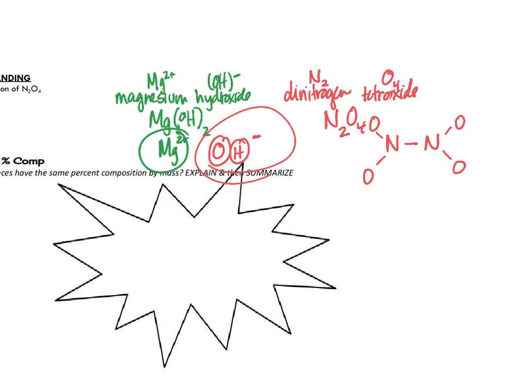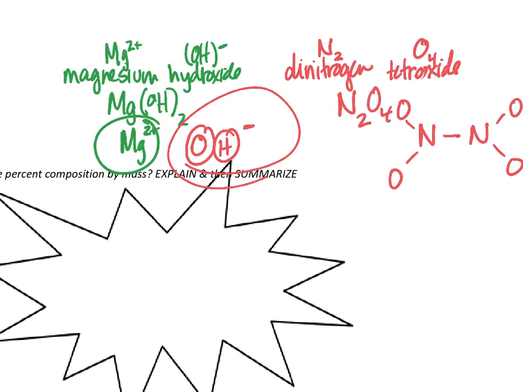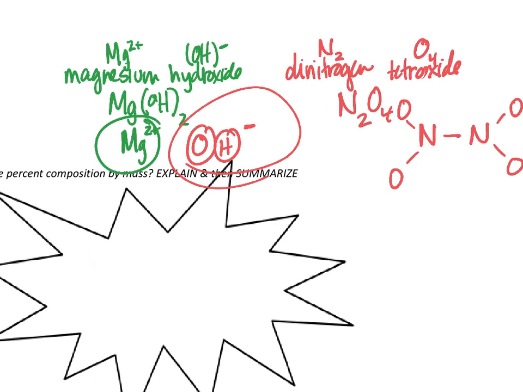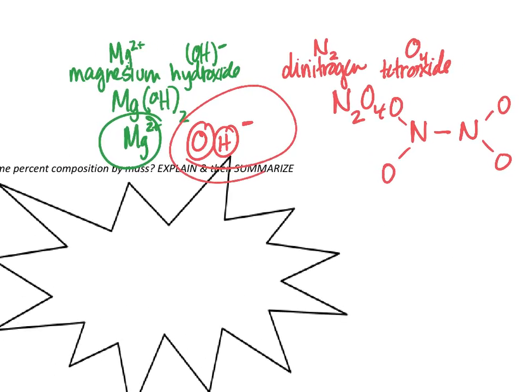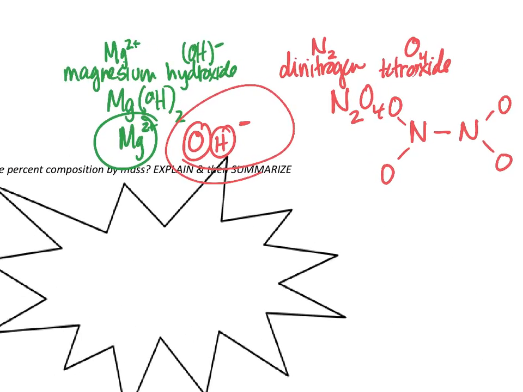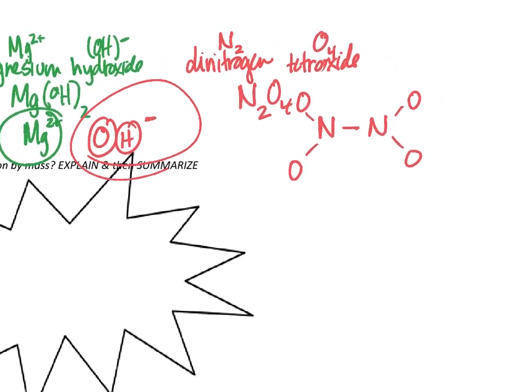And so, again, what we're going to see here is that magnesium hydroxide, because it really is just the lowest ratio possible, we're never going to see a different percent composition. It's already the lowest. We can't have multiple magnesiums and multiple hydroxides because we just reduce it down to the lowest possible ratio. Those electrons are transferred. They don't go back, okay?